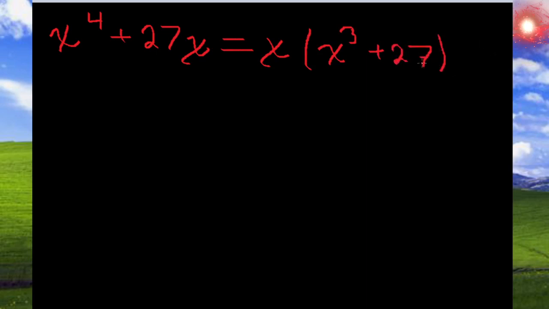And you might say that looks fine to me, but can you further factor x cubed plus 27? These are both cubes. This is x cubed plus 3 cubed. Can you do anything with a cubed plus b cubed?